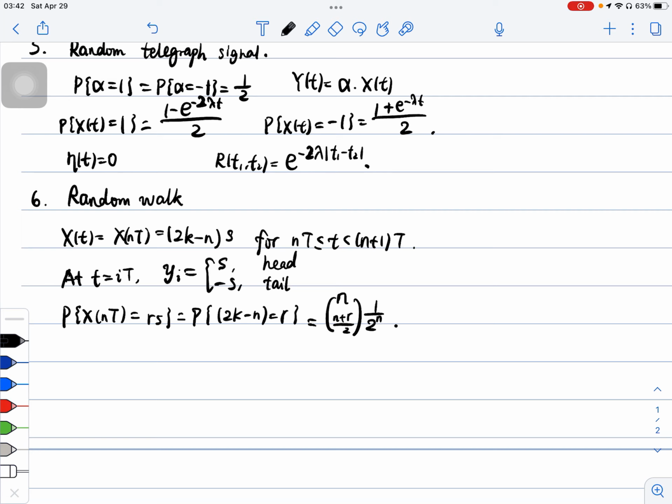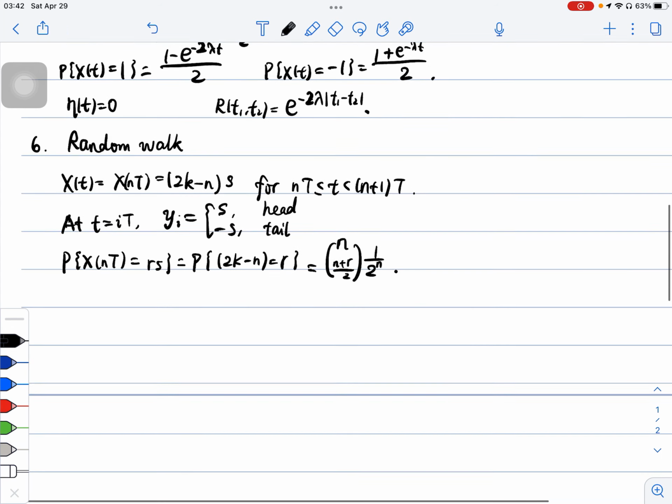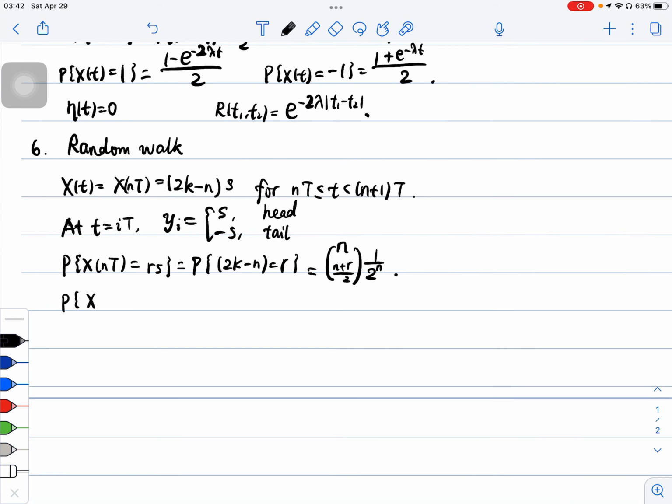And we now have to consider the exact situation for the probability of Xt less than or equal to rs. Finally, it is approximately half plus erf of r over square root of n. The mean value is 0 as well.